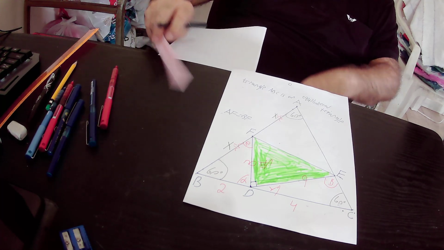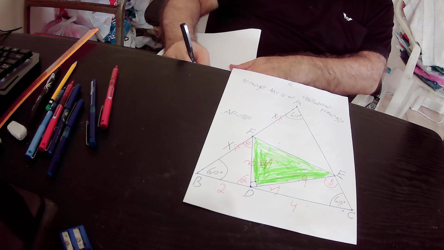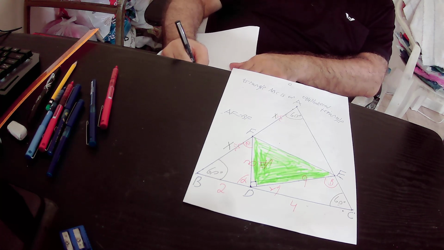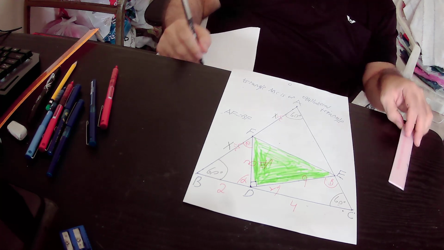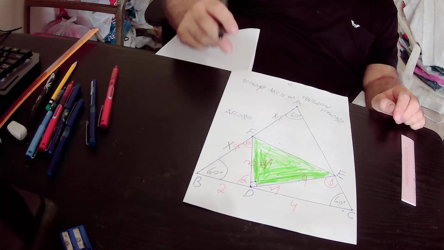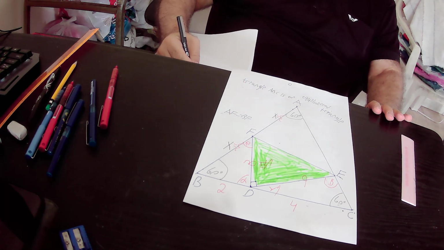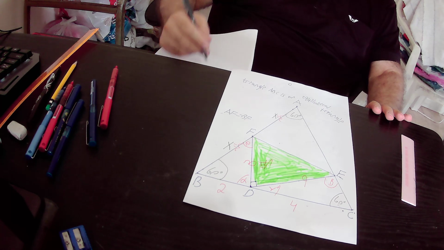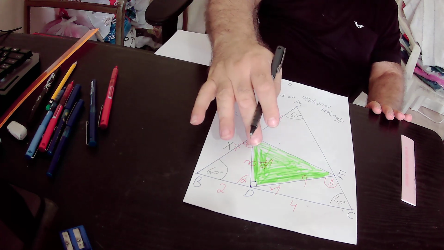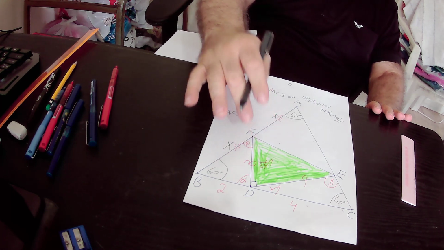So actually the sum of the angles in triangle FBD equals 180 degrees. That will be our first equation.